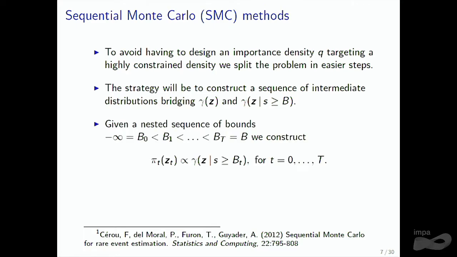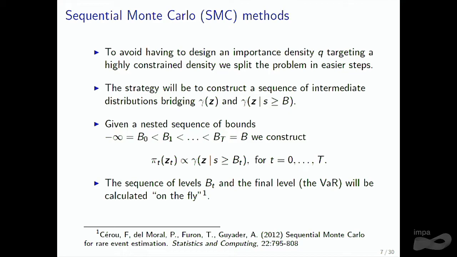So given a nested set of bounds, let's say that B0 is minus infinity, or 0 if our random variable is positive, we set some B1 up to BT, where BT is capital B, and capital B is the value at risk we are interested in. And we construct a sequence of probability densities pi t, where each pi t is proportional to gamma, and each gamma is conditional on the sum being larger than BT. Okay? So now we have a sequence of simpler problems, let's say.